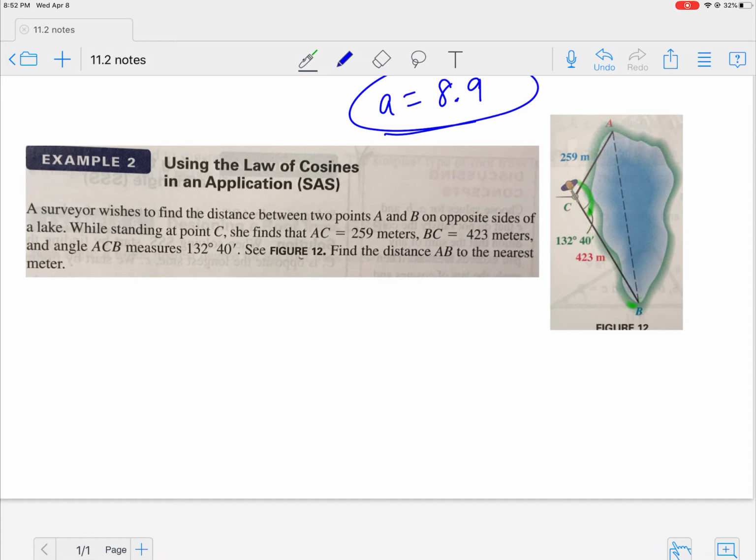While standing at point C, she finds AC to be 259 meters, BC to be 423 meters, and angle ACB to be 132 degrees 40 minutes. See figure 12, that's all laid out. I want to find the distance here, AB, to the nearest meter.